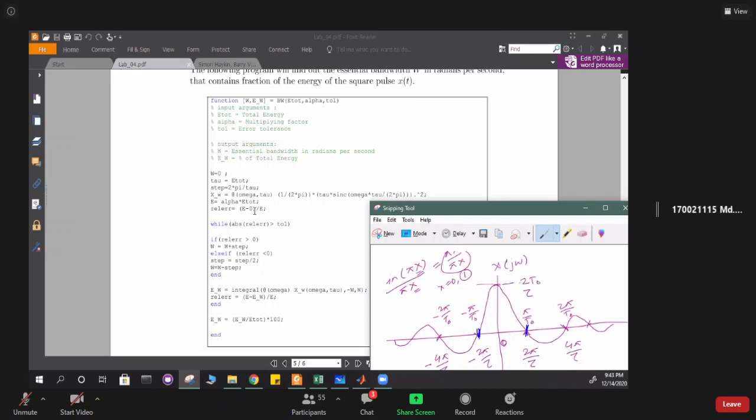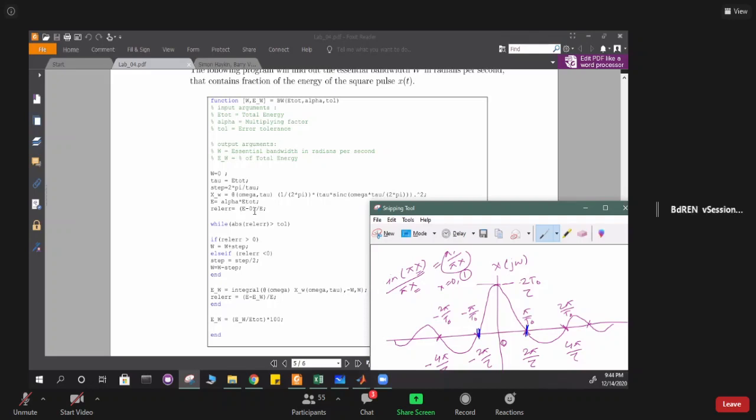Now we are running the loop while the absolute value of our relative error is greater than the tolerance level. At first we are checking if the relative error is greater than 0. If it is greater than 0, then we change the value of W to W plus step.